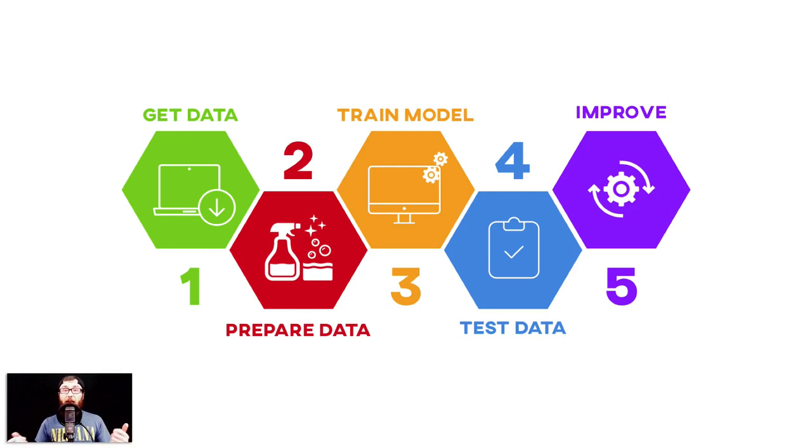Now, once our data is properly cleaned and organized, we can do what's called splitting it into a training and a testing subset. Basically, we're going to use a majority of the data to train our model. We want most of the data to be going in to train it on what it should be identifying and recognizing. The other portion is a smaller portion, maybe 10%, maybe 20% of the total amount of data. That's going to be used as a test subset, which leads me into step 3.